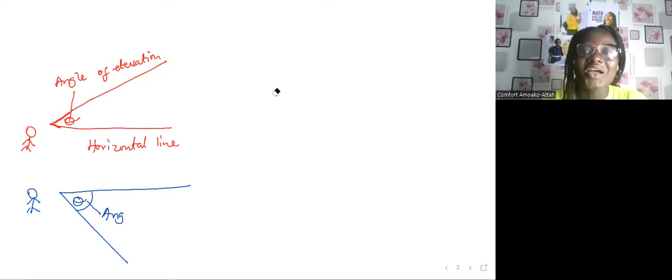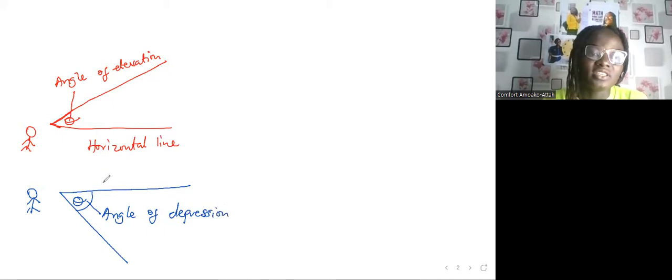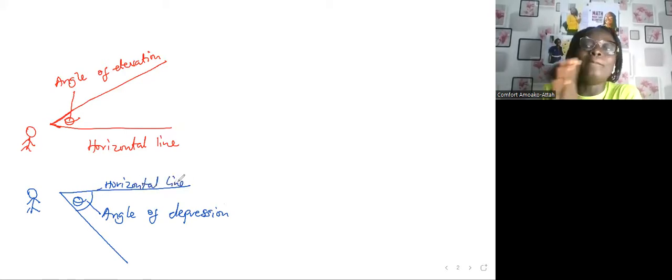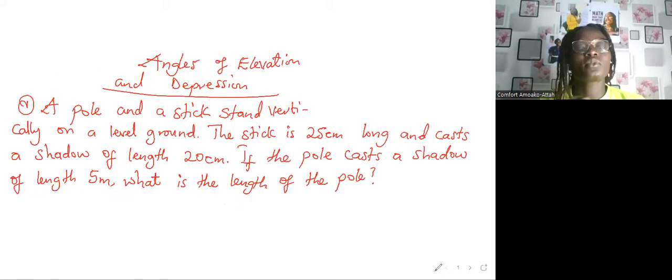Angle of depression. Good. All right, so this is our horizontal line. So knowing this, let's now go back to our first example.